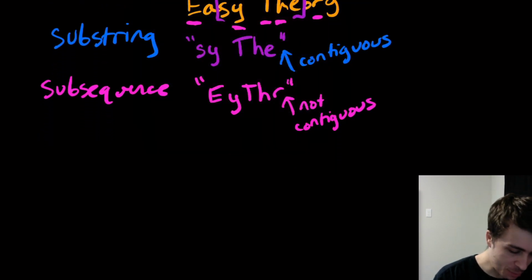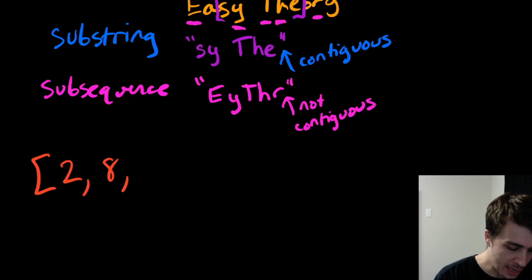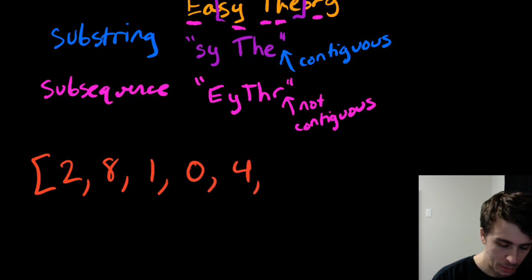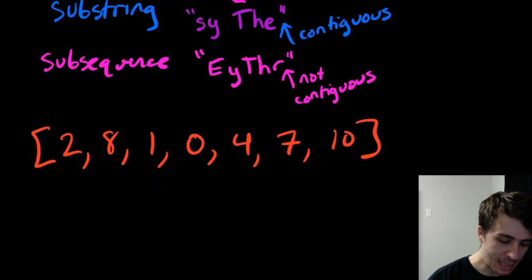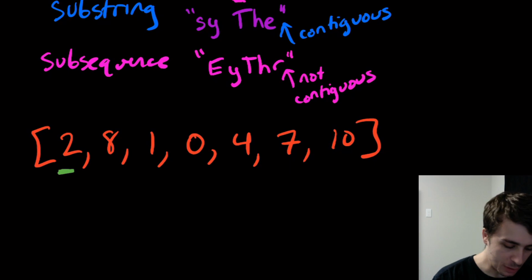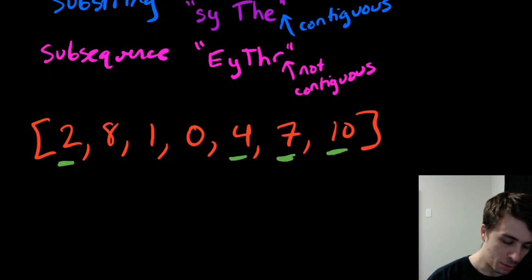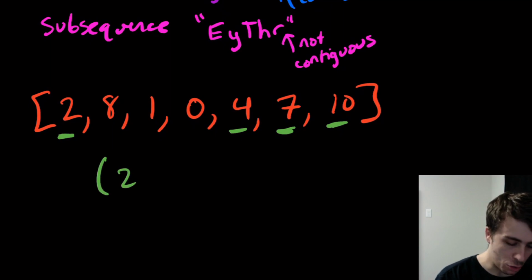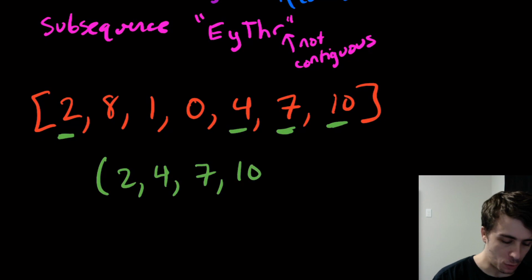Let's say we have some array here, and I'm going to make it up: 2, 8, 1, 0, 4, 7, 10. We're going to pick some elements of the sequence. Let's say I pick these ones. Then I look at the corresponding subsequence, which is 2, 4, 7, and 10.